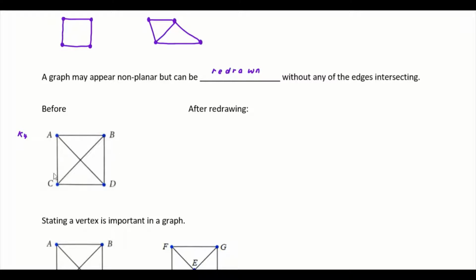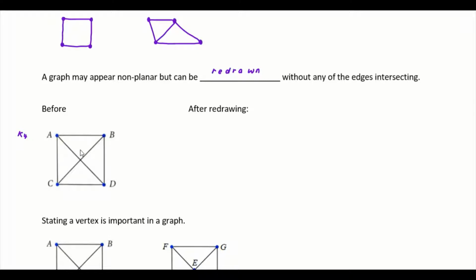By looking at this graph here, it appears as a non-planar graph. Why is that so? Because AD and BC intersect each other. I want you to imagine this picture as if you have four plugs here, and all the edges are the wires that you can see.